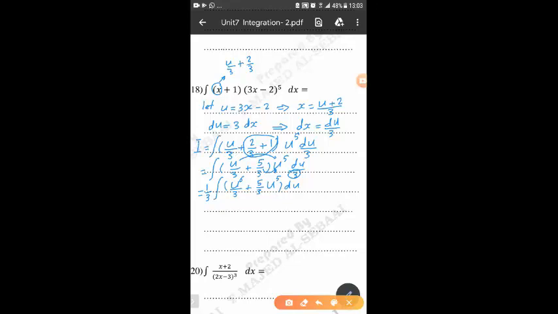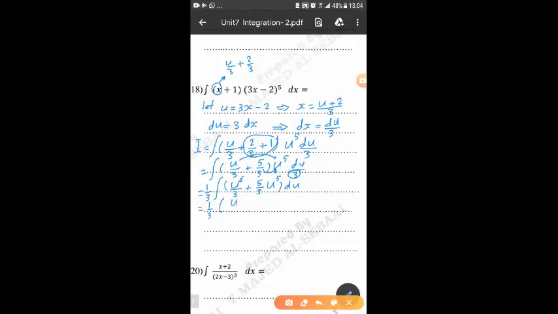Can you feel that it is solvable now? Isn't that solvable by now? It is clear that it is solvable, right? It is easy. 1 over 3 bracket. What is the integration of u6?